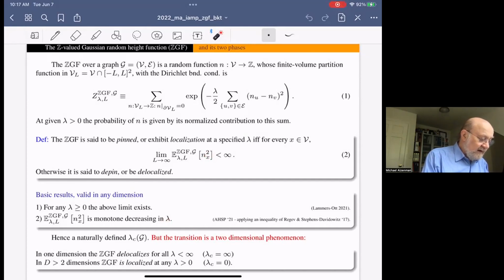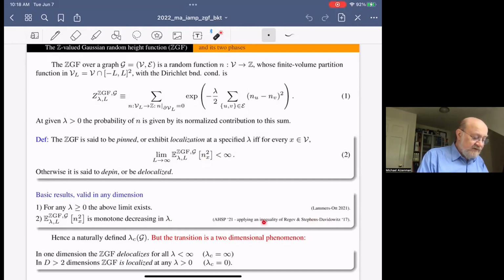Now, such results for spin models have been obtained in various situations using the Ginibre inequalities. For random height functions, the result is new, and for that we applied a very beautiful inequality of Regev and Stephens-Davidowitz, which I will mention below.